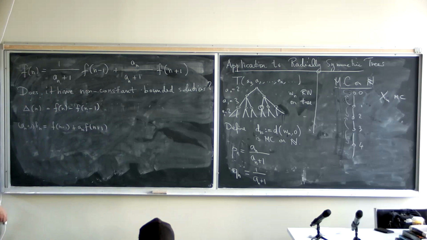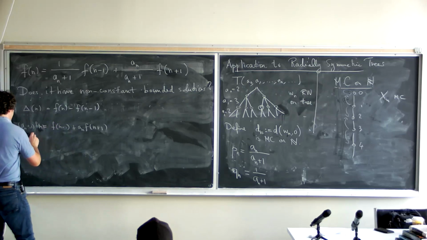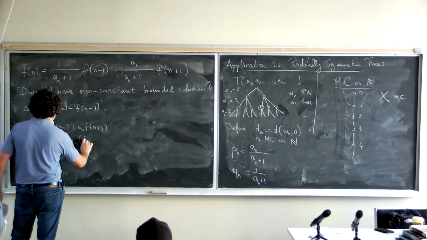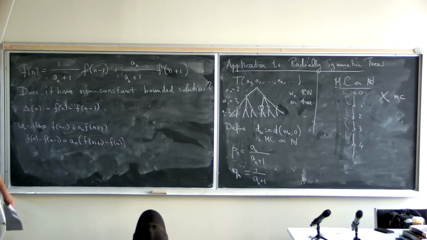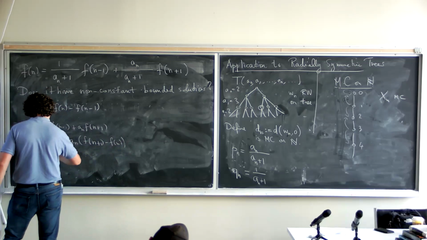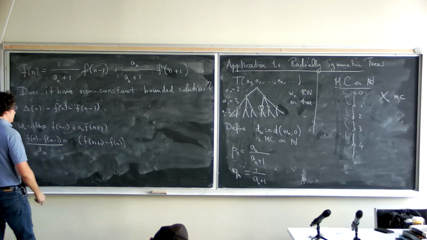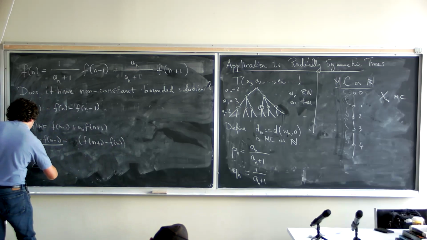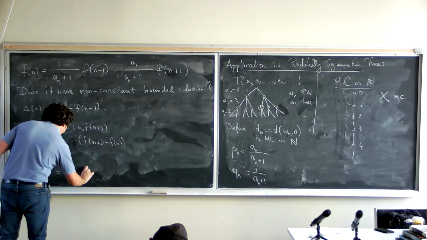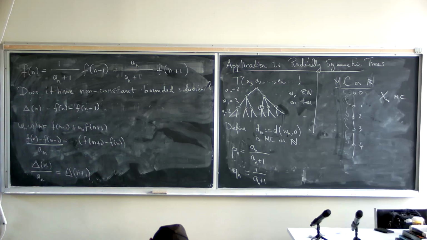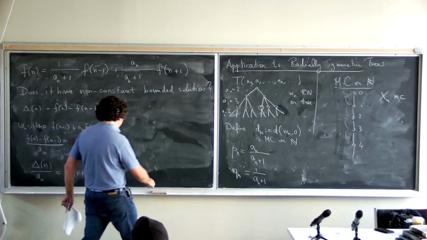We bring the f of n on the other side. What we get is f of n minus f of n minus 1 equals An times f of n plus 1 minus fn, right? And so we bring An down here. So this just means that delta of n over An equals delta of n plus 1. So that's not so complicated.